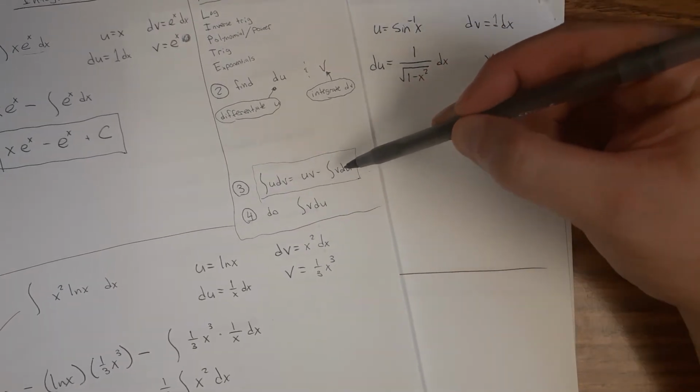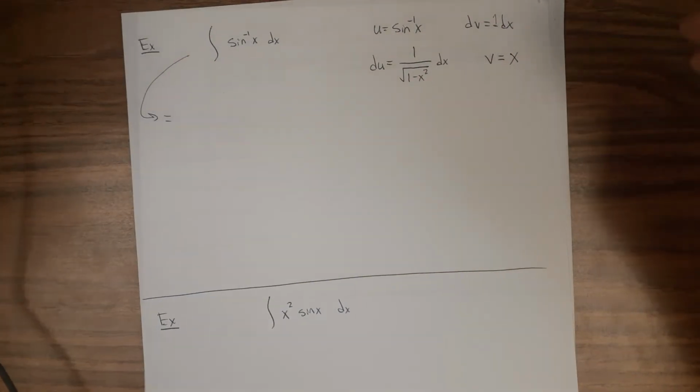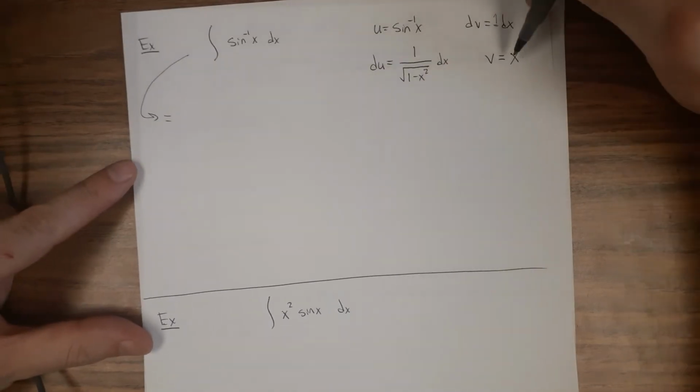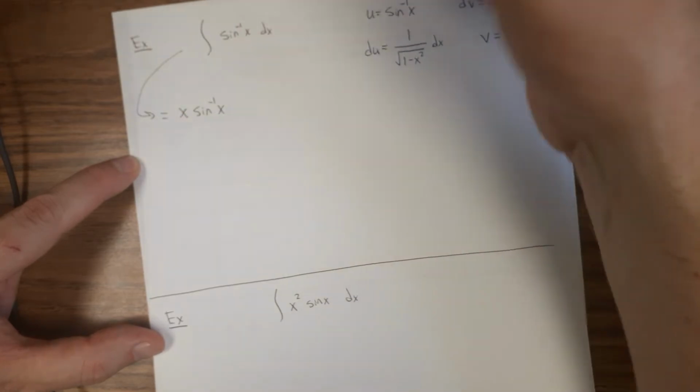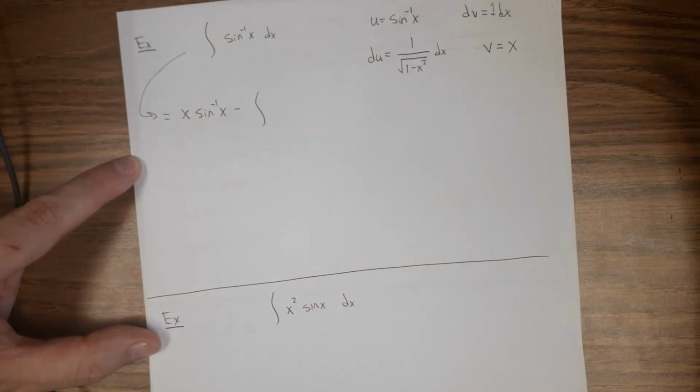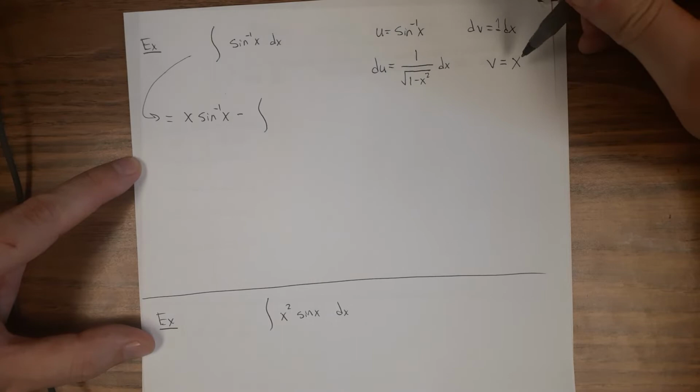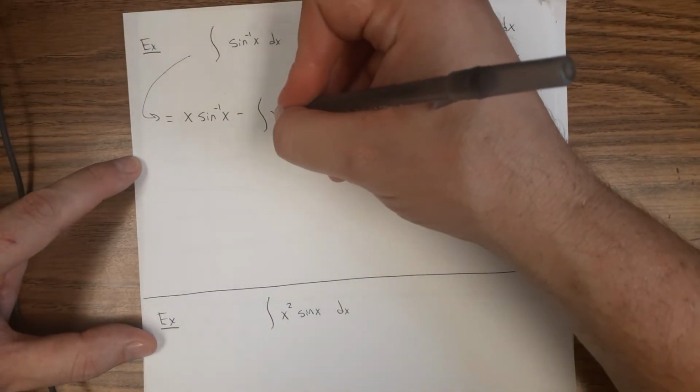So it's uv minus the integral of v du. So uv minus the integral of v du.